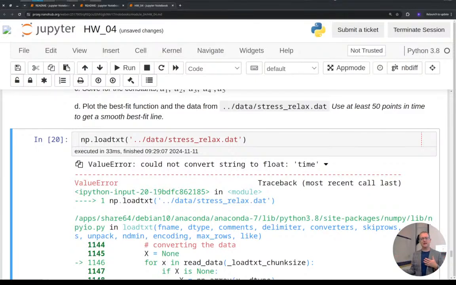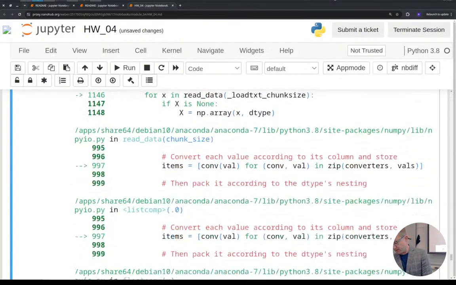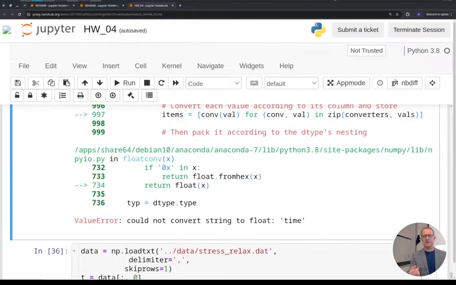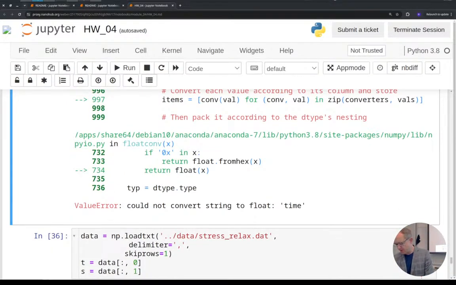It doesn't match anything else. And it doesn't make a lot of sense because I haven't really looked at what the data looks like yet. But the main thing is that it's telling me it can't convert those letters into a number, which makes sense. I don't know what number the letters TIME would be.